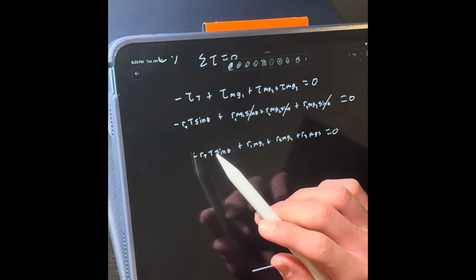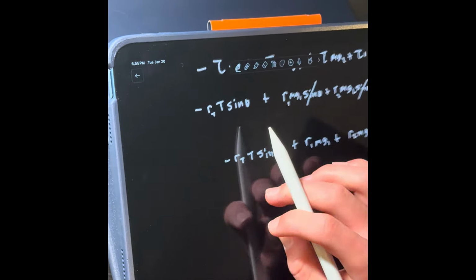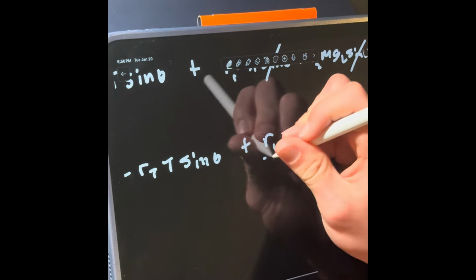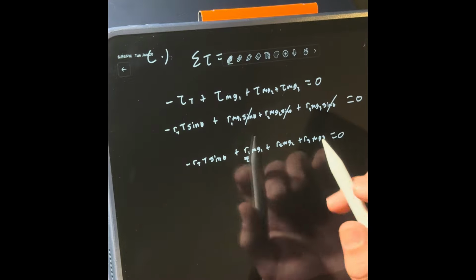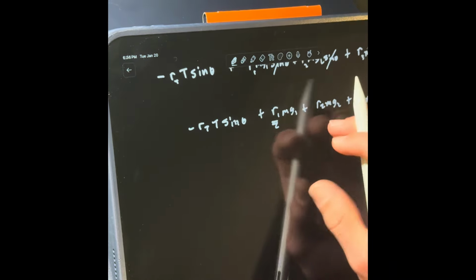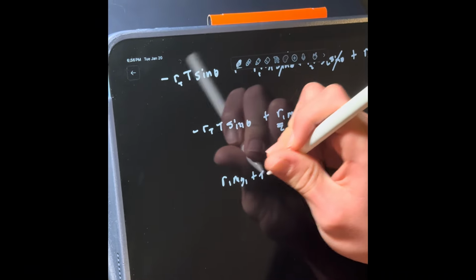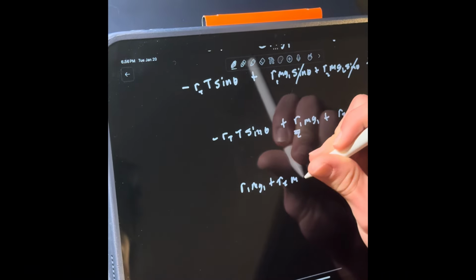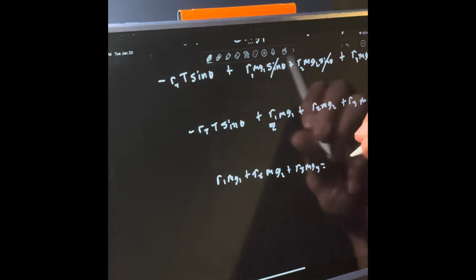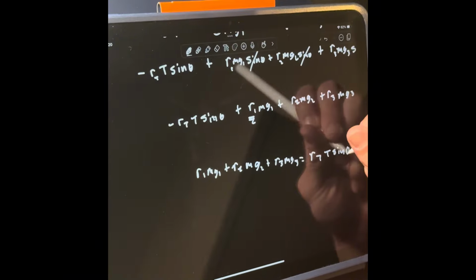We want to solve for how far the bear can walk, so it's going to be RT. Oh, no, sorry, it's going to be R1. We're solving for R1, so we want to isolate RT first so that we can get everything to its own side. So we get R1 mg1 plus R2 mg2 plus R3 mg3 equals RT T sine theta.